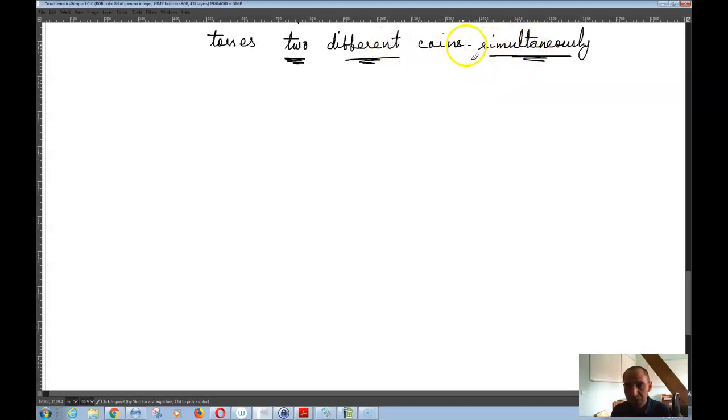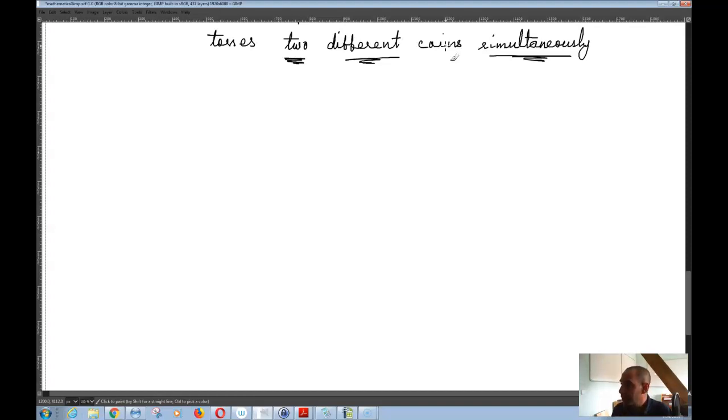Okay, so in this experiment, it doesn't really matter if the coins are different or not, because you can say that these are just 2 coins tossed at the same time.